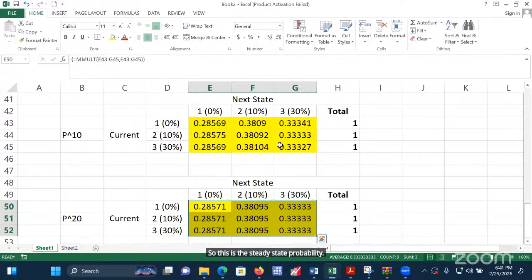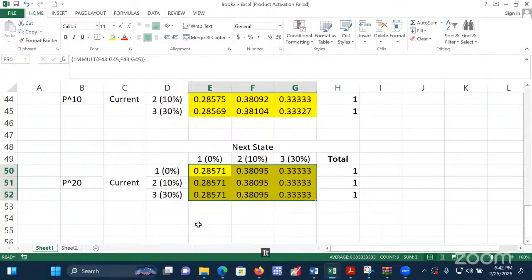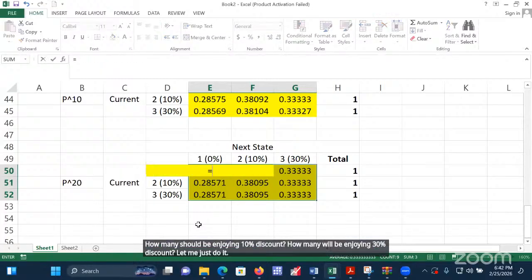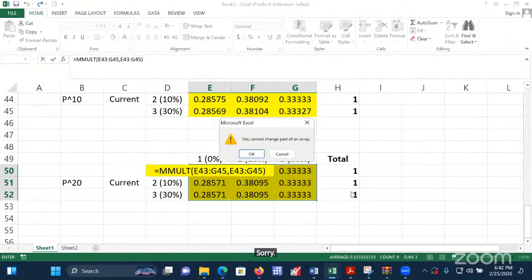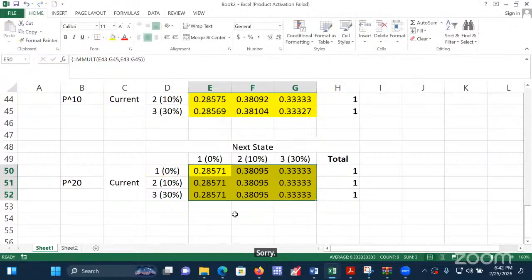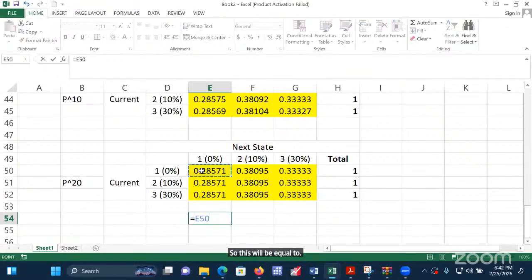What it means is, if I have 1 million customers, I'll use that 1 million to multiply all of these. Let's do it. It means that I know the expected number of customers that should be enjoying no discount, how many should be enjoying 10% discount, how many will be enjoying 30% discount. So this will be equal to this times 1 million.